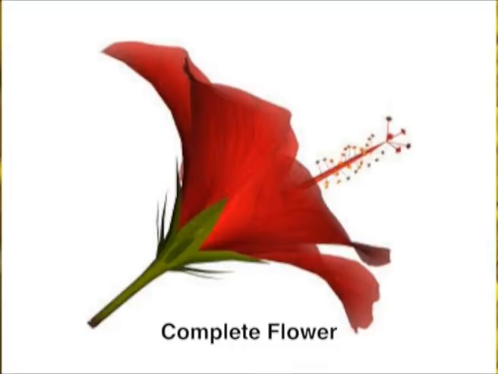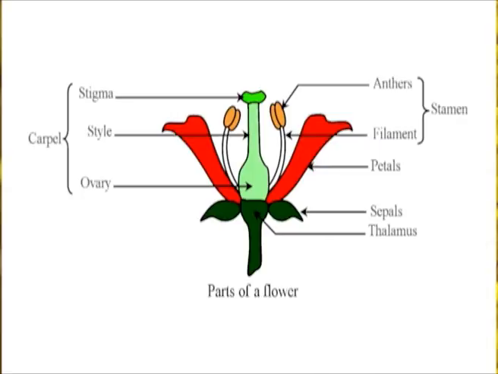On the basis of the presence or absence of all the four parts, a flower is classified as complete or incomplete. A complete flower has all the four parts, like in hibiscus. An incomplete flower may lack one or more of the four parts.